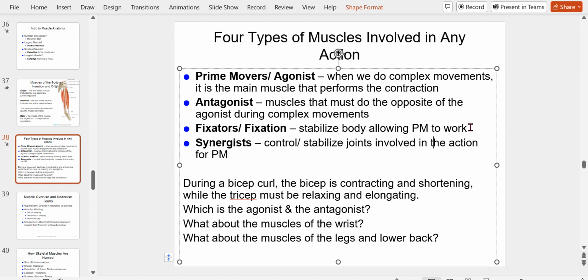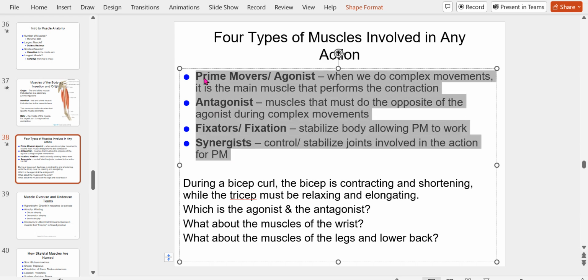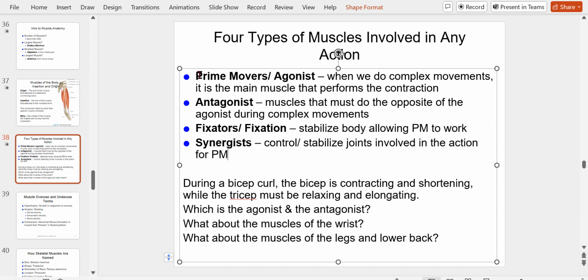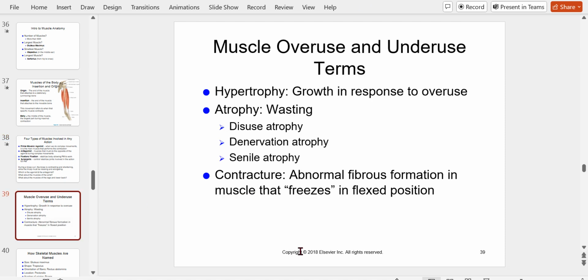So there are fixator muscles and synergists that control and stabilize joints involved in the action for the prime mover. So there are other muscles involved besides the prime mover. During a bicep curl, the bicep is contracting and shortening, while the tricep must be relaxing and elongating. Good. Have a look at those. Hope it makes sense. If it doesn't, get a hold of me.